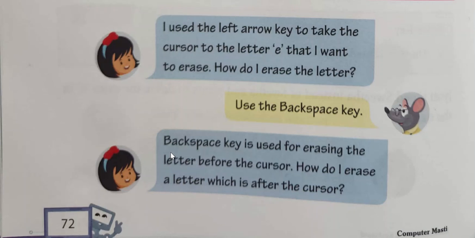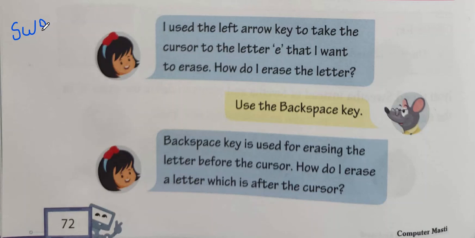Now next, Jyoti says: I used the left arrow key to take the cursor to the letter E that I want to erase. How do I erase the letter? Here, in the previous video, we have seen that Jyoti has typed Sweta instead of Shweta.